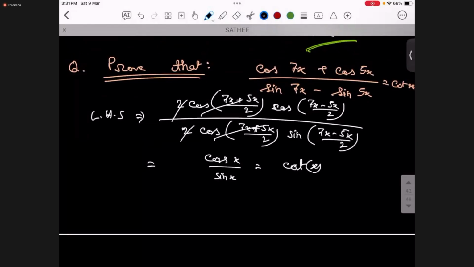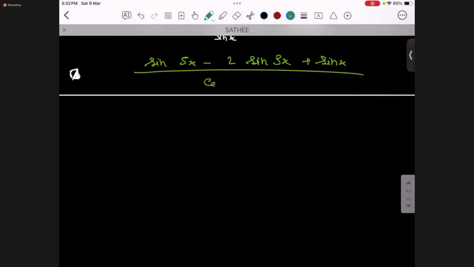Similar way, we can do many different examples. So let's do another example of this formula. I'm not writing what we want to show, just doing the steps. Let's see what we will obtain. So the given expression is sin 5x minus 2 sin 3x sin x divided by cos 5x minus cos x.